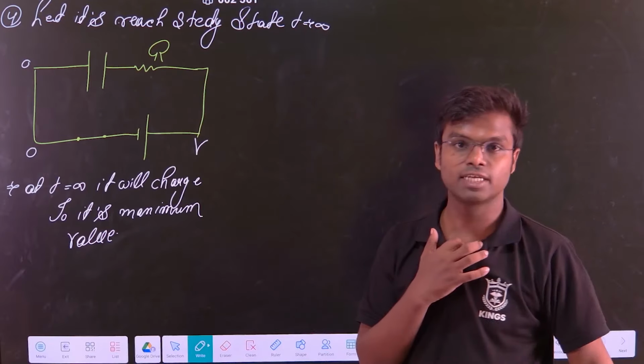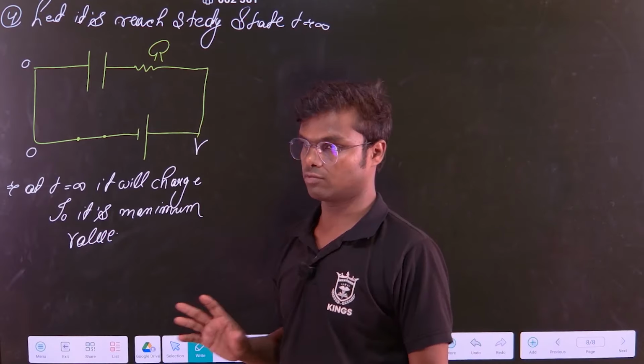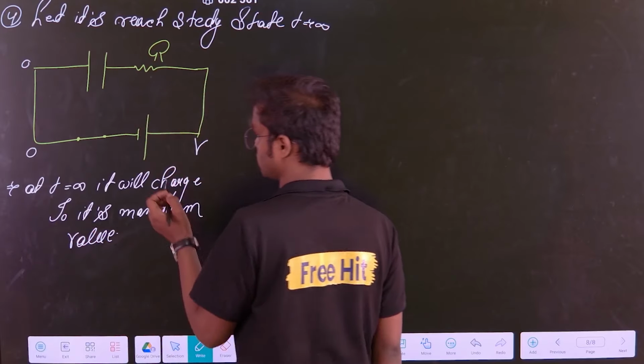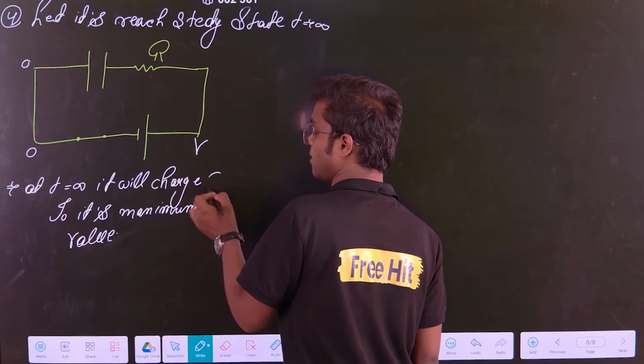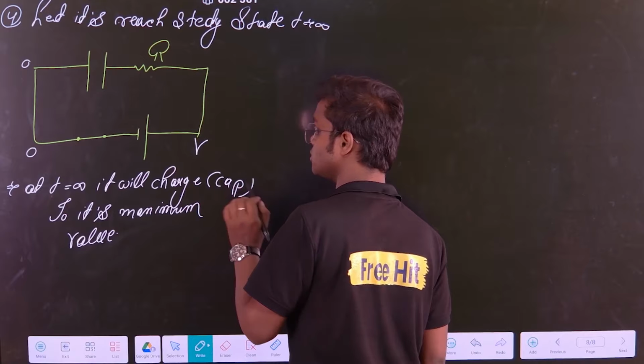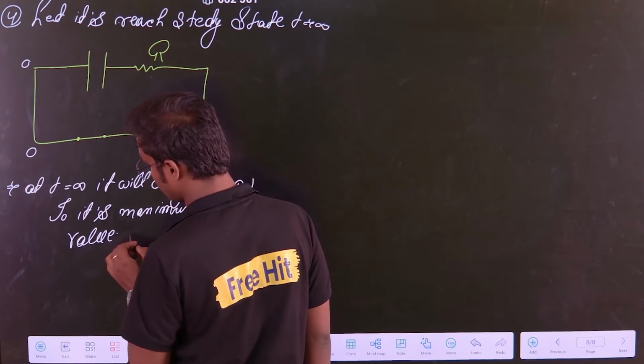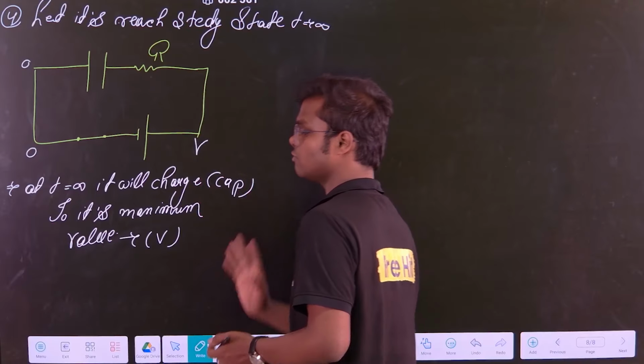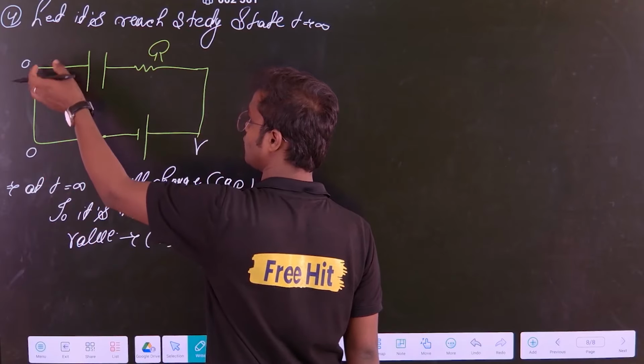At t equal to infinity, it will charge to its maximum value. And what is the maximum value? Which is going to be charged? It will charge the capacitor. Obviously, the capacitor is going to be charged to its maximum value. Maximum value here is potential V. Here in this case, it is V. It is not always V. So the potential V will be developed here.